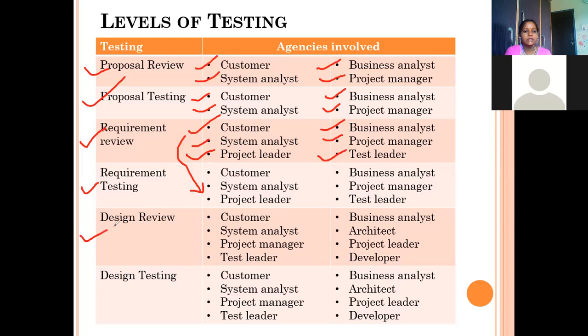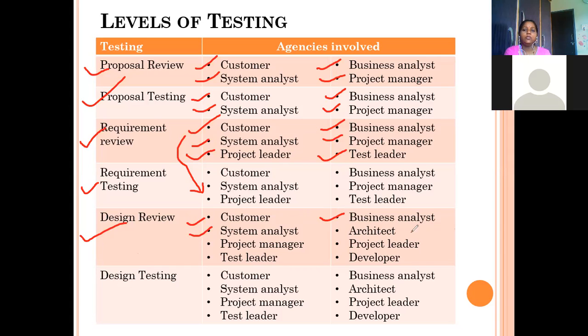Then next is a design review. After taking the requirements from the customer, what you are supposed to do is go for making the design of your project. So again here the agencies involved are your customer, business analyst, system analyst, which are the same as from the first step.